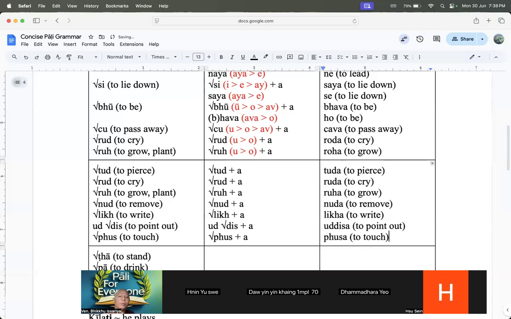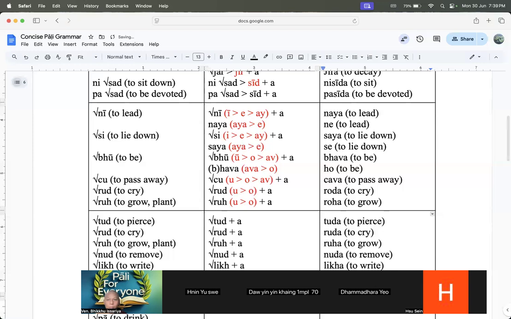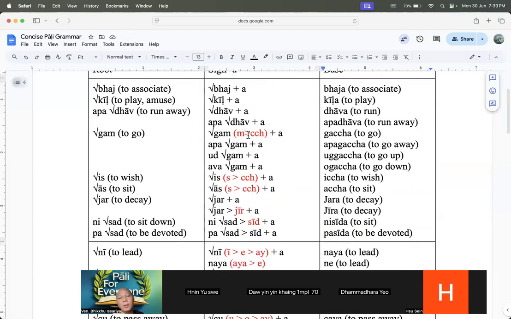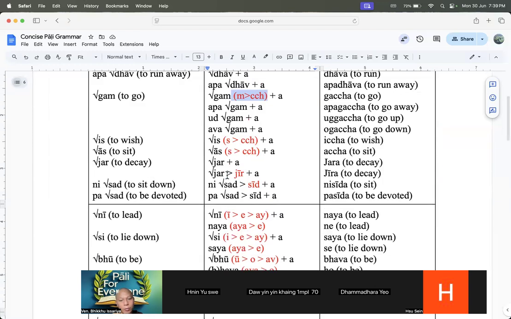So in this unit, here, three groups we have already. In the first group, even though the other, so this one is not because of the suffix, just special changing of the letter of the root, like the ma to the cha, sa to the cha, and the whole ja to the jir, the whole sa to the sid, and so on.